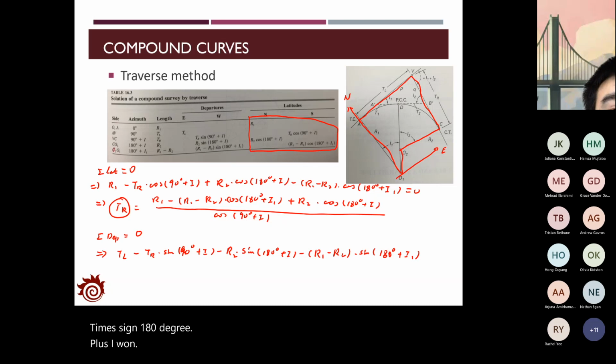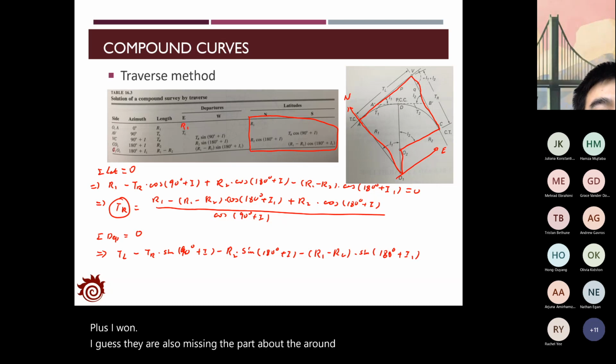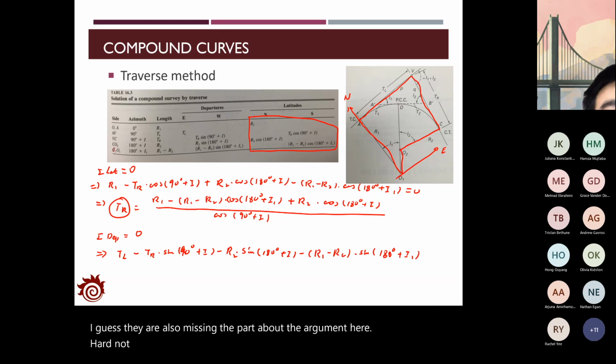I guess they are also missing the part about the R1 here. No, the departure should be 0, so it should be fine.